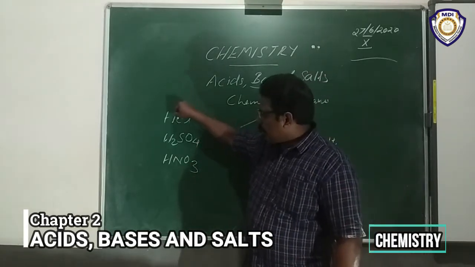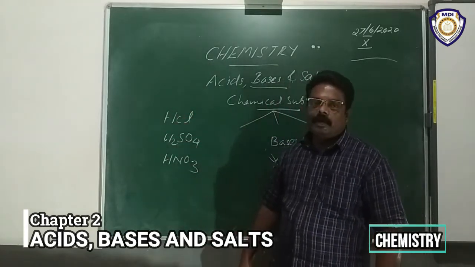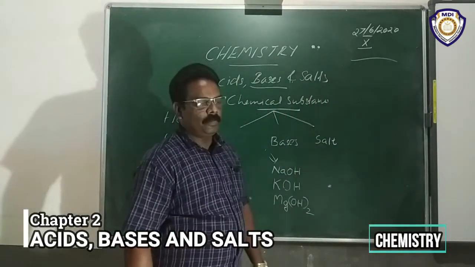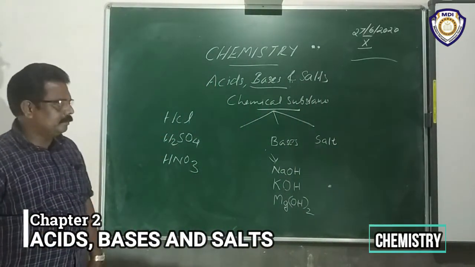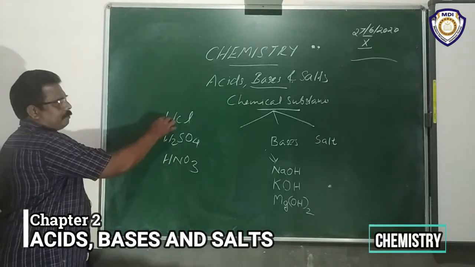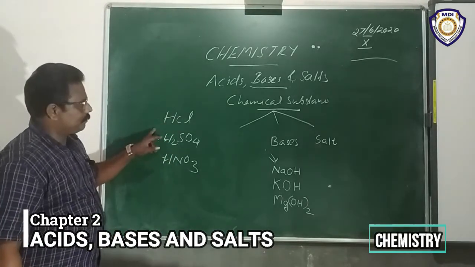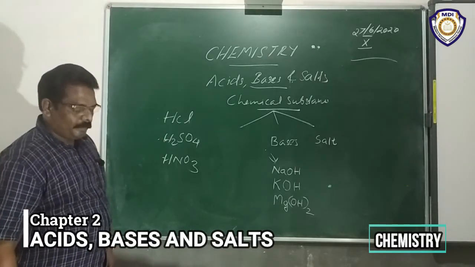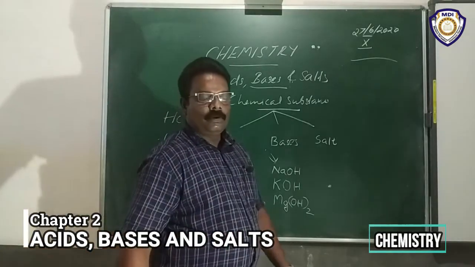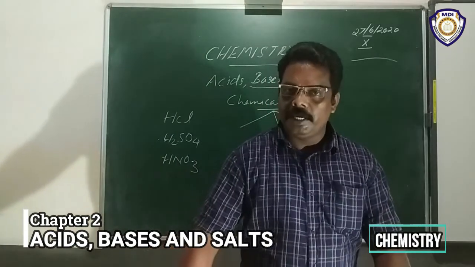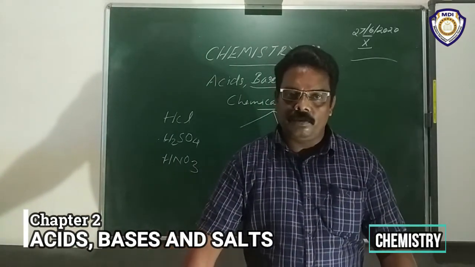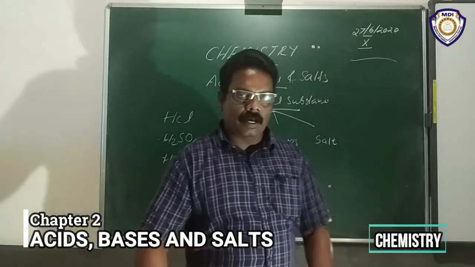Yes, here you can see one ionic form is common in all acids. What is that? Hydrogen ion. So in all acids, they give H plus ions or hydrogen ions.